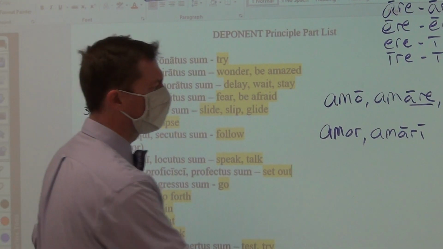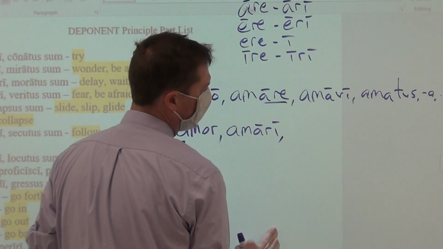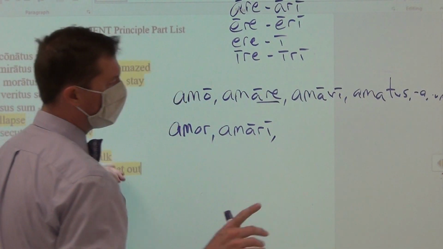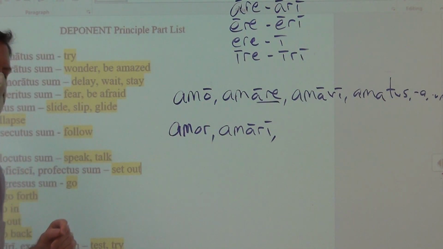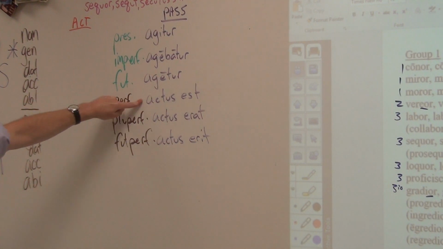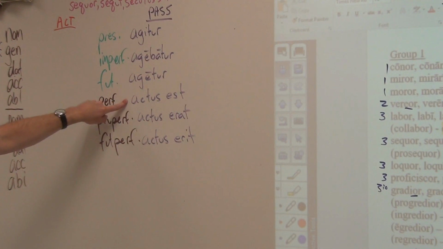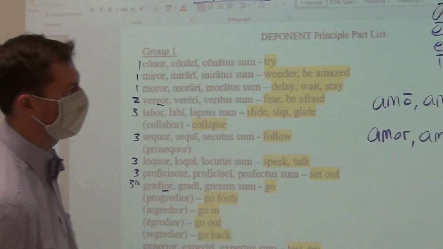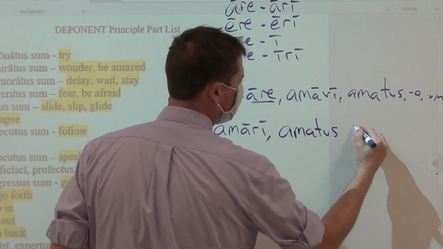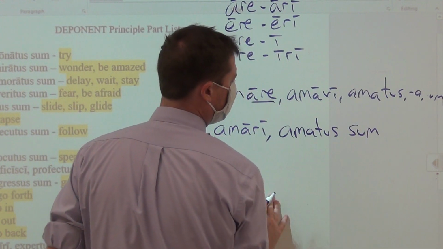The third principal part, remember, is the first person, singular, perfect active indicative, and so therefore, if it's amavi over here, remember, the perfect passive is going to be the periphrastic, and so it would be amatus sum for the first person.